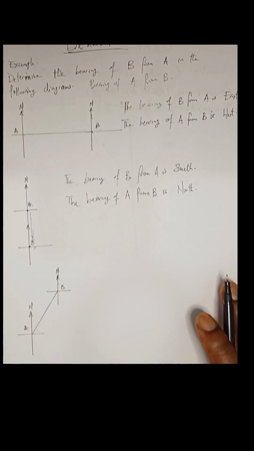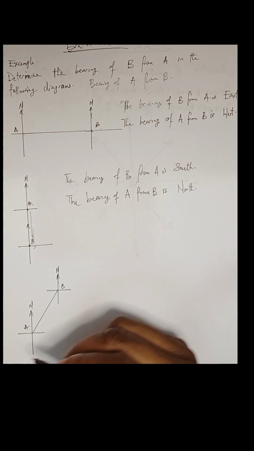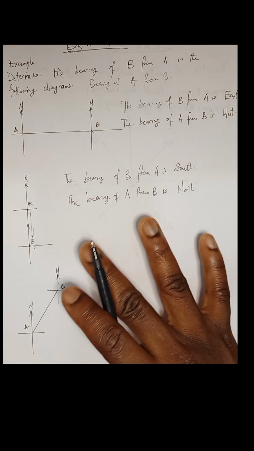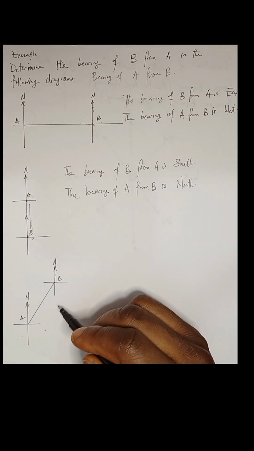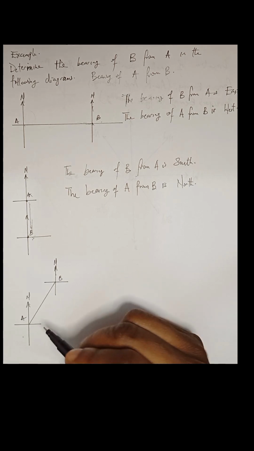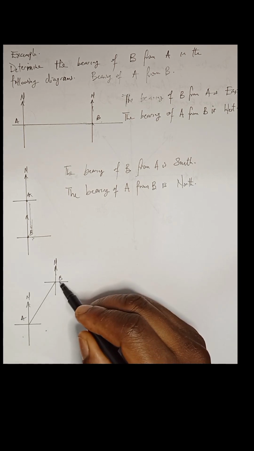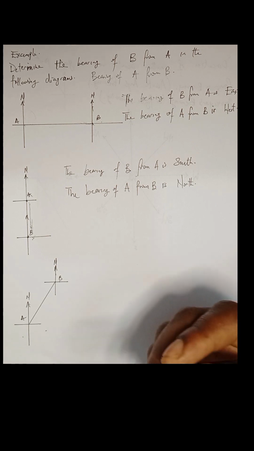Now let's look at this next one. I am standing at A, and I want to go to B. So I want to know which direction I would turn to go to B. And that's what bearing means, direction, location.